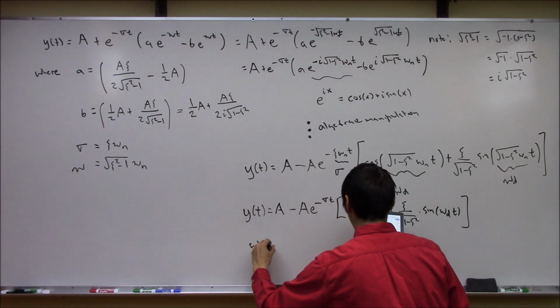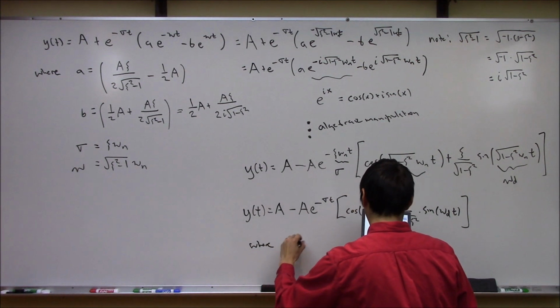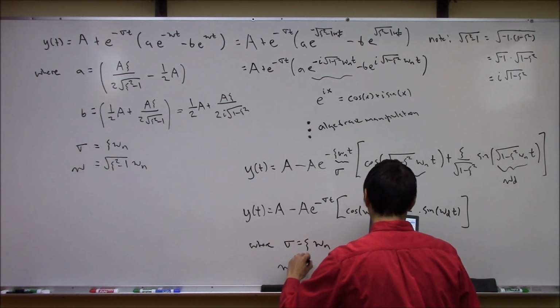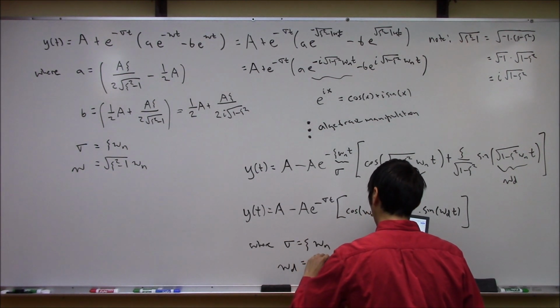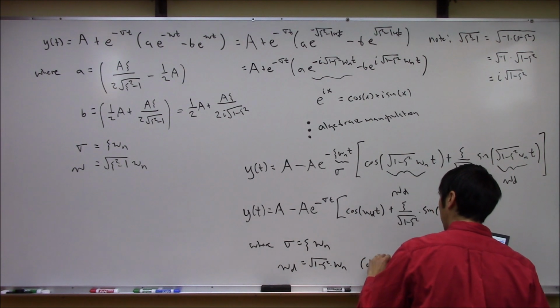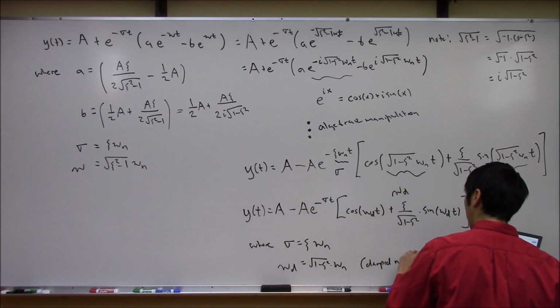Here sigma is the product of zeta and omega n, and omega d is square root of 1 minus zeta squared times omega n. Again, this is sometimes referred to as your damped natural frequency.